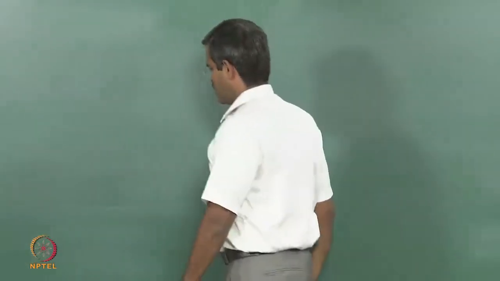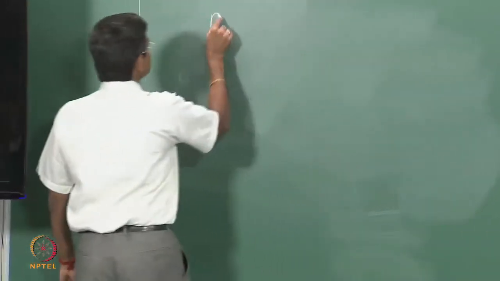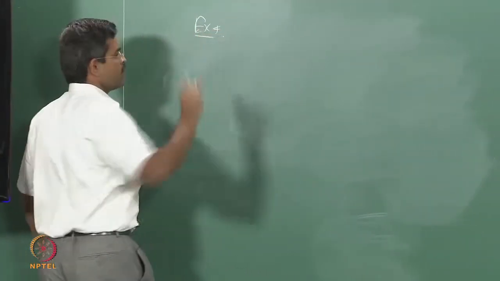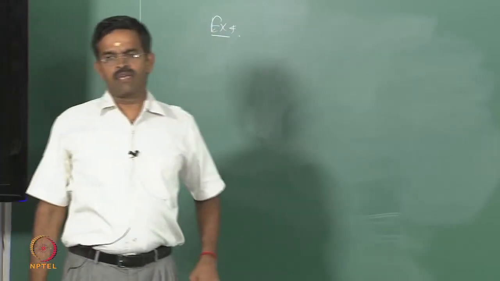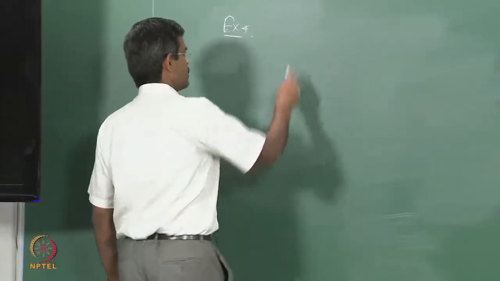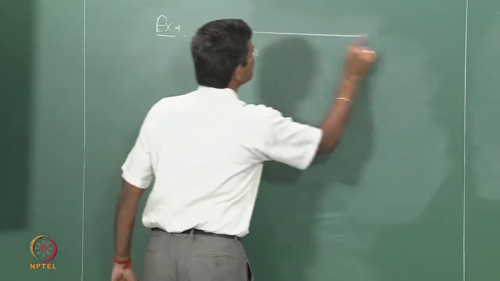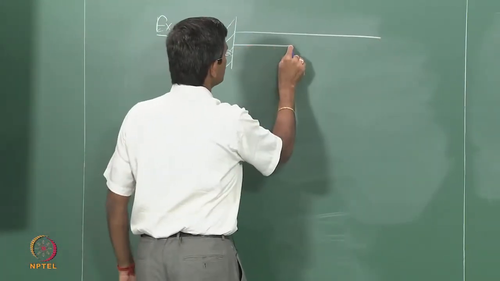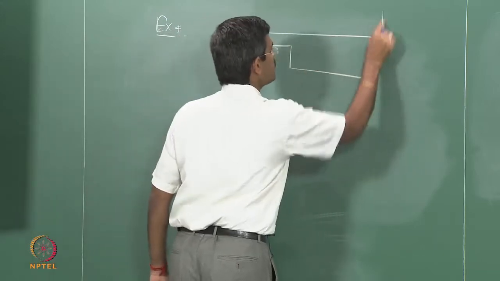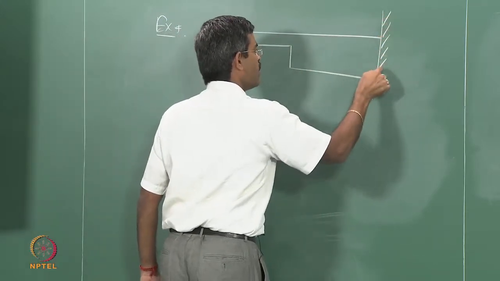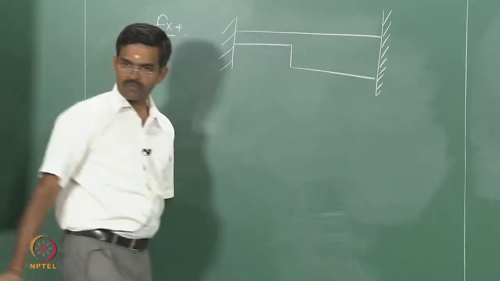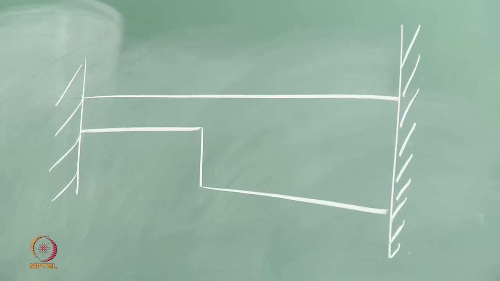Now, we will take example 4. Here I have got a slightly tricky problem. Let us say I have got a fixed beam but with varying moment of inertia. Depth is varying actually.